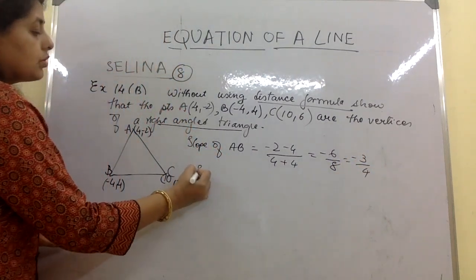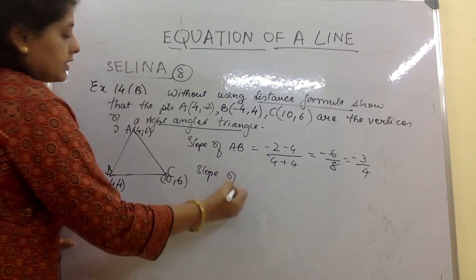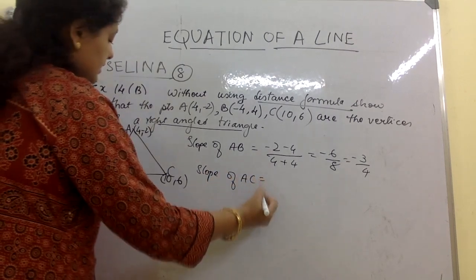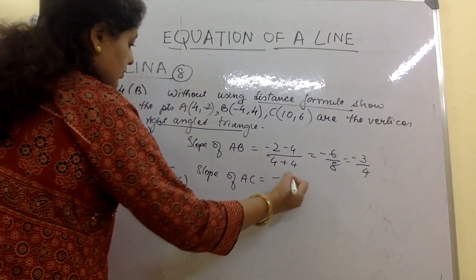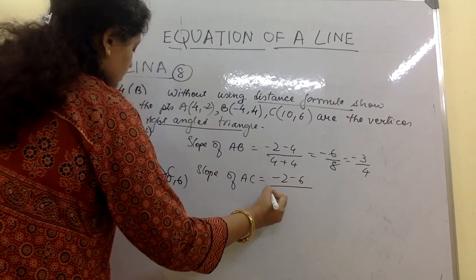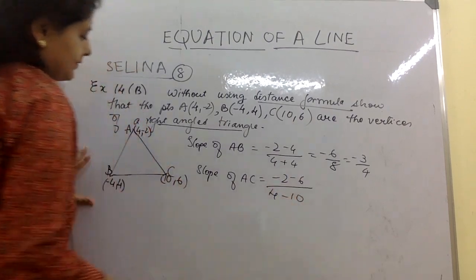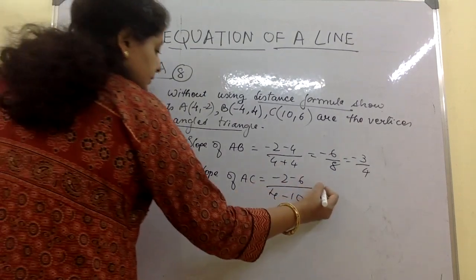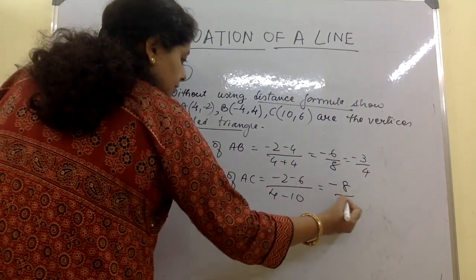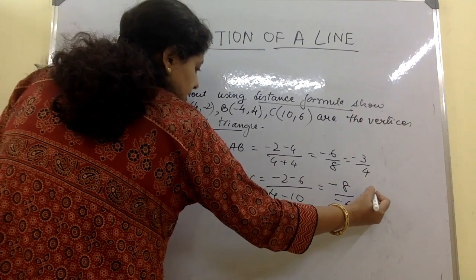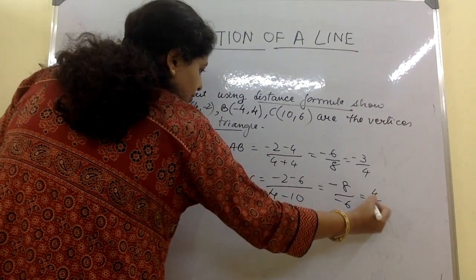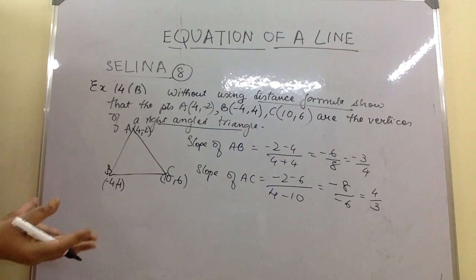Okay, slope of AC, that is -2, -6 and 4 minus 10. That is -8 by -6. That is 4 by 3.